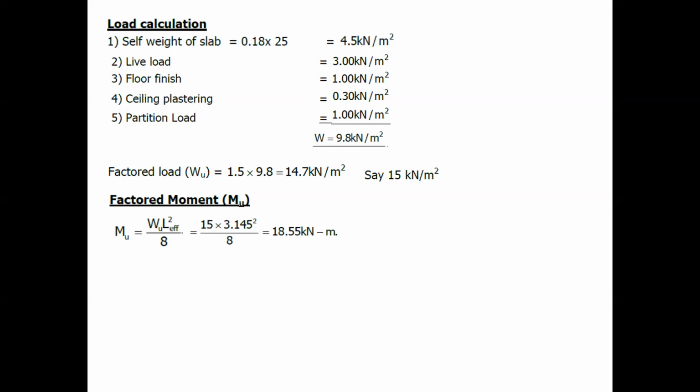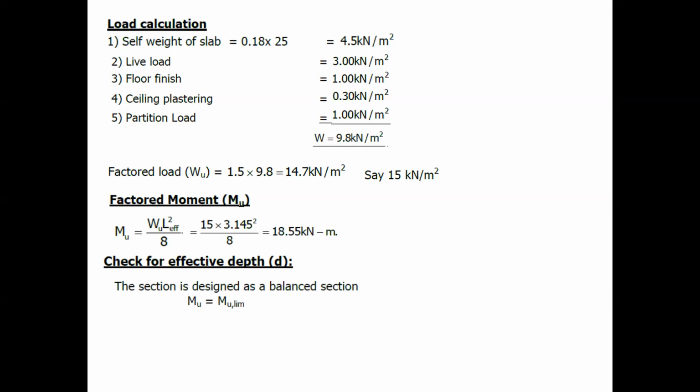Next, take down: check for effective depth. Here you have to consider the section as designed as a balanced section, that is Mu is equal to Mu limit. You have a formula, Mu is equal to 0.138 fck bd square for Fe 415, rearranged to calculate the required d.